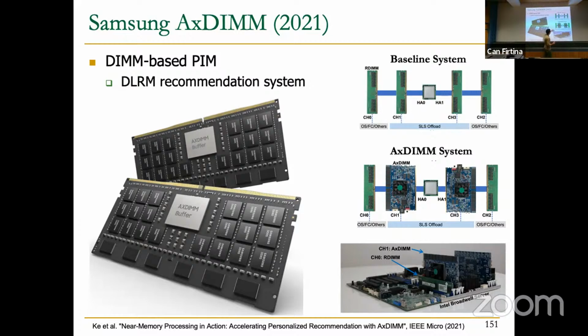Here on the right-hand side, what you see is a picture of the prototype. These are basically two DIMMs with 2 ranks each, and on top of the DIMM, what you have is one FPGA. You can program that FPGA for a specific application. In their first paper, they tested a recommendation system.